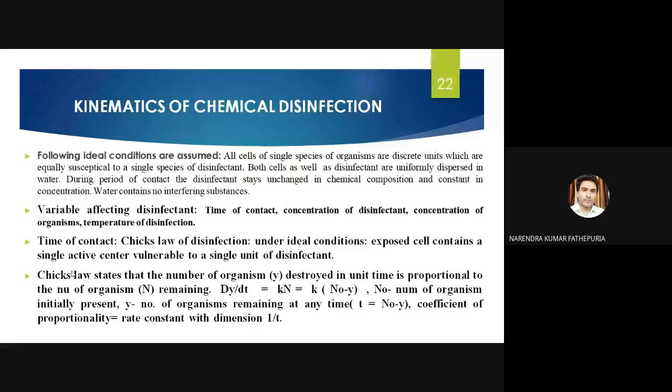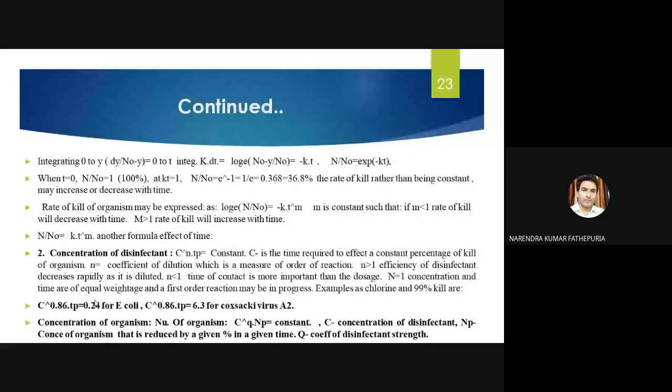The second fact is that the concentration of disinfectant is given by the equation C to the power n into tp, that is, C^n t_p is equal to a constant. Here tp is the time required to effect a constant percentage kill of organisms. n is the coefficient of dilution, which is a measure of the order of reaction.